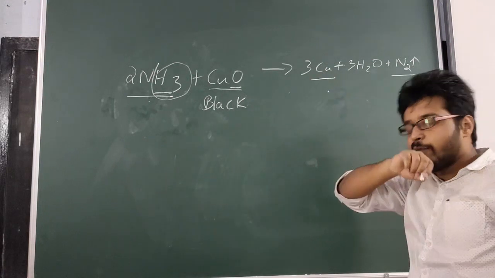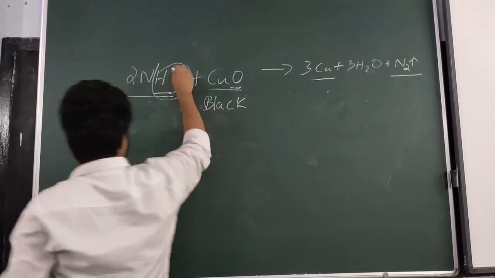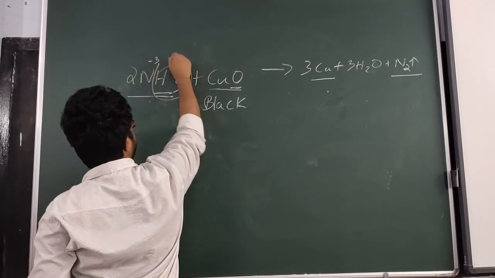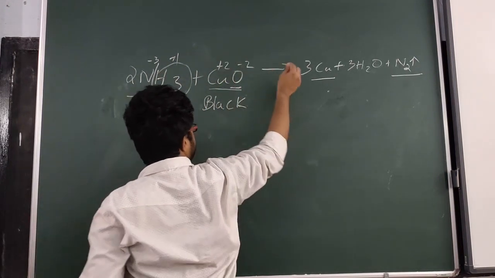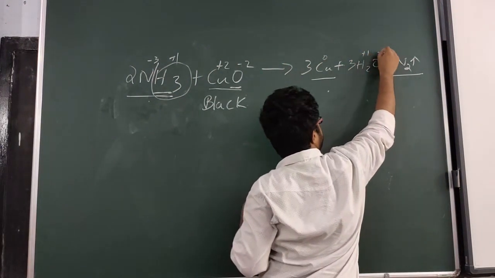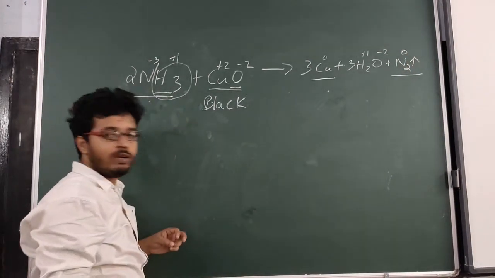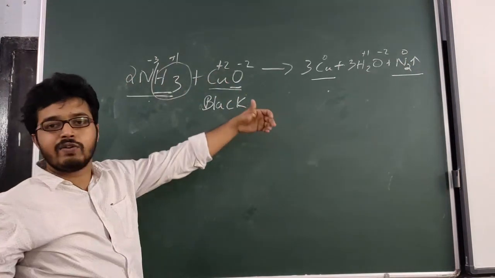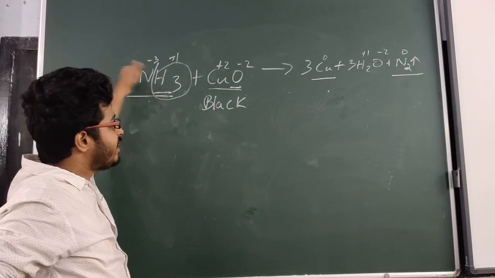So if you remember the oxidation state method, you can just write it likewise. Copper, here it is -3, 3 plus 1, plus 2, minus 2, 0. So if you are analyzing all together, the nitrogen, it is having an increase in oxidation state, so under ammonia, it is undergoing oxidation.